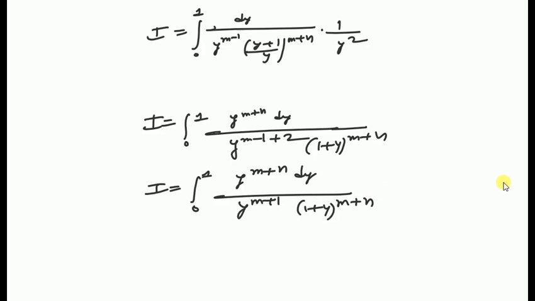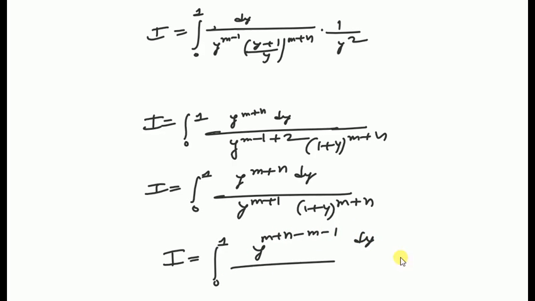I just rearranged all the terms here. Now if we clearly observe, in the numerator also y power m is there, in the denominator also y power m is there, that will be cancelled, and y power 1 will go up, so that will become y power m. So the next step will be 0 to 1, this y will go upward, so y power m plus n minus m minus 1, of course dy divided by (1 plus y) whole power m plus n.